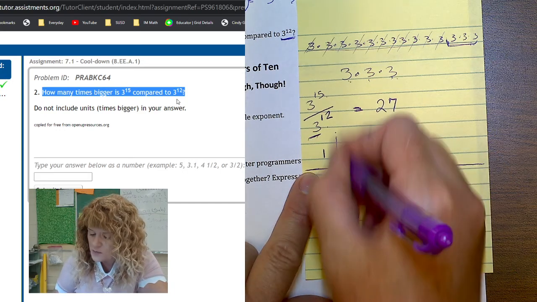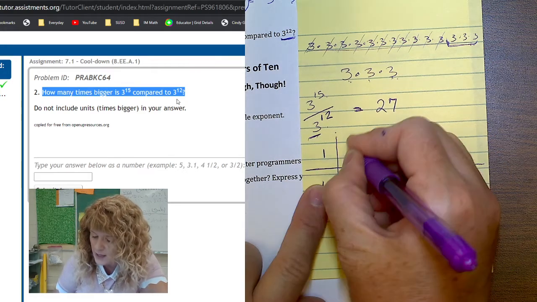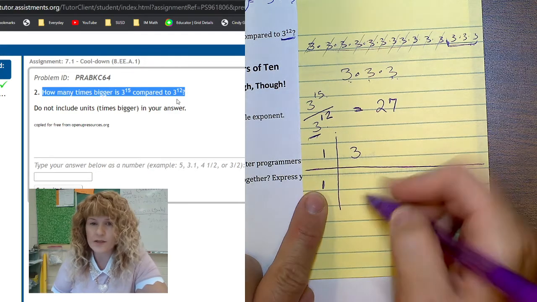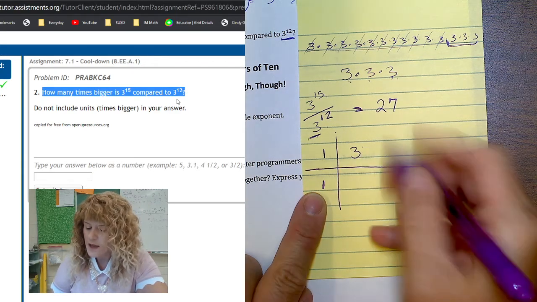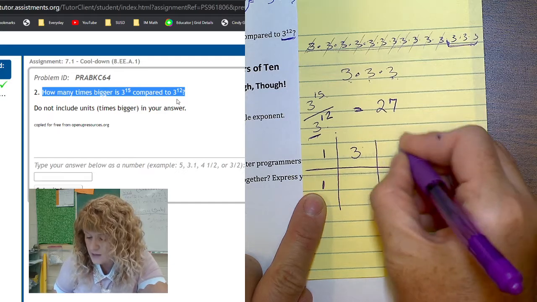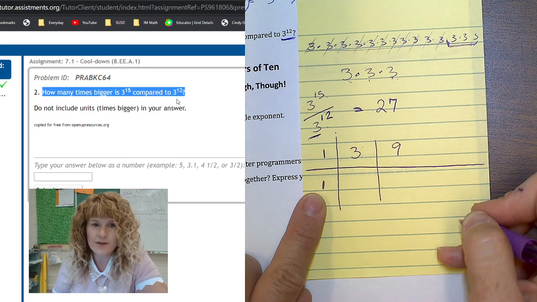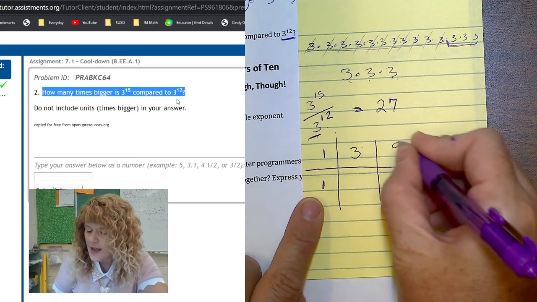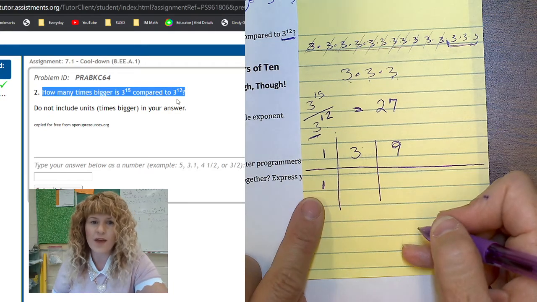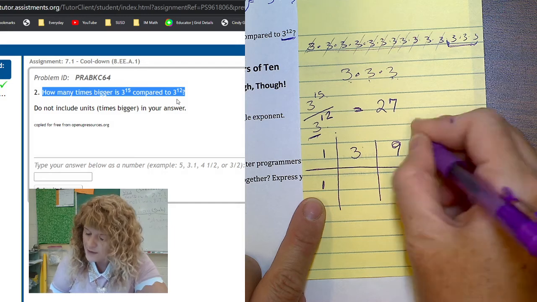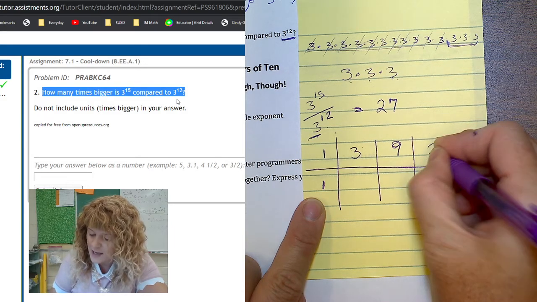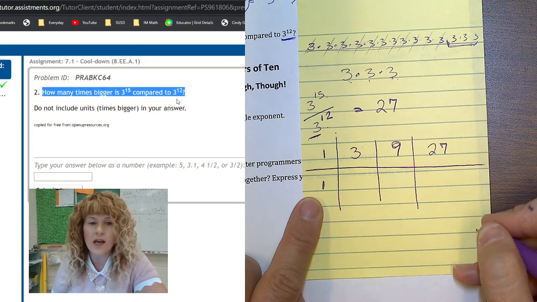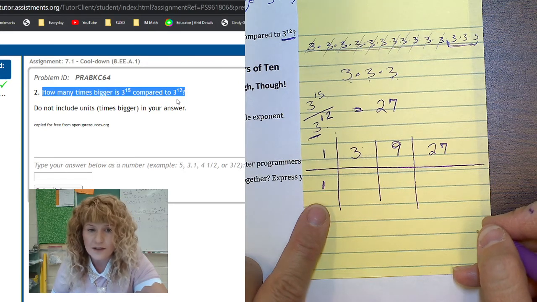So if I take this 1 and I triple it, I get 3. Remember, I started with 1, so now it's 3 times bigger. If I triple it again, I get 9, like 3 times 3. So each one is tripled. Now it is 9 times bigger than what I started with. And if I triple that again, 9 times 3, I get 27. And that's 27 times larger than I started with.